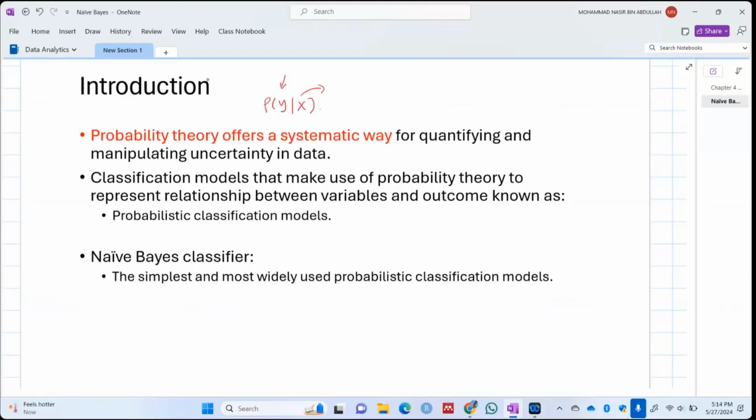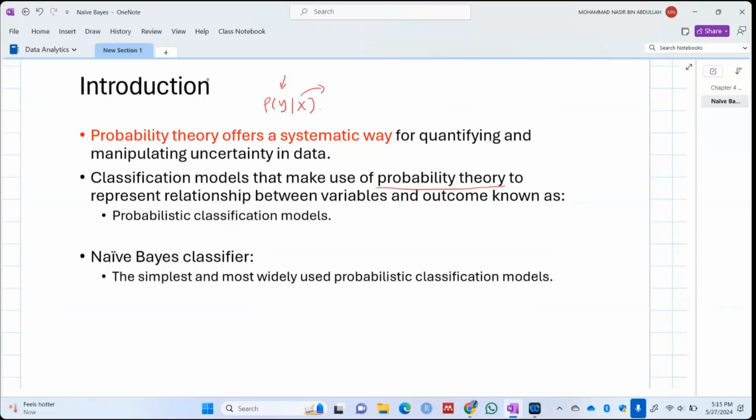A classification model that uses probability theory to represent the relationship between variables and the outcome variable is known as a probabilistic classification model. A model that does not utilize probability theory, such as a tree diagram, is not a probabilistic classification model.